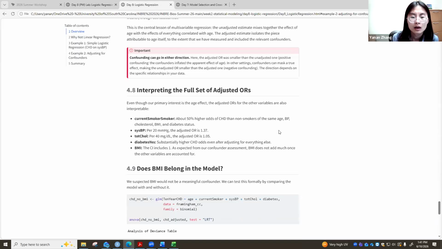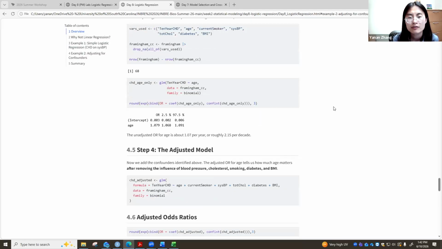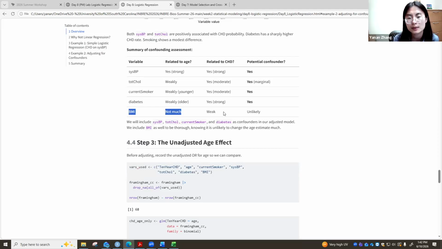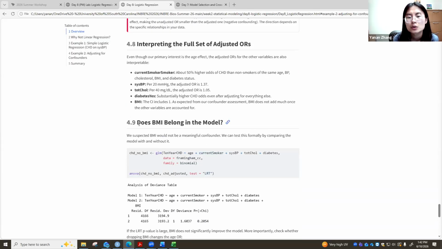Last question. Remember we put BMI in our model. If you go back to the little summary table, we know BMI probably is not a potential confounder, but we still keep BMI in our model. Now our question is, do we really need BMI in our model?